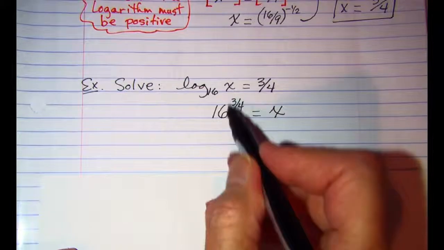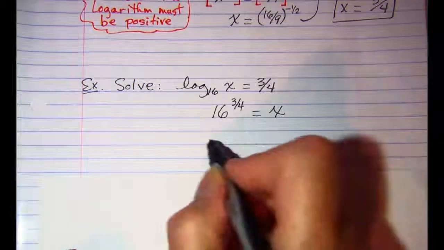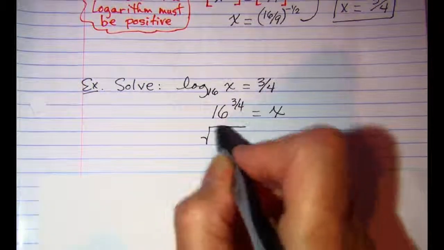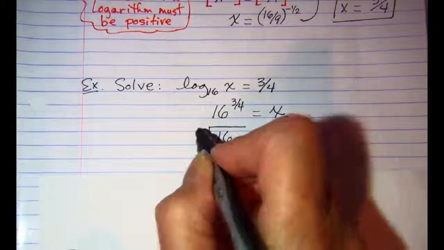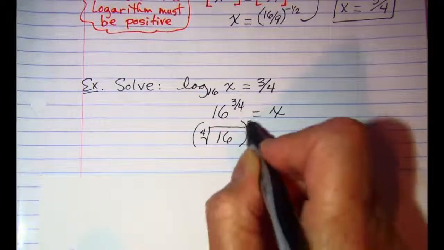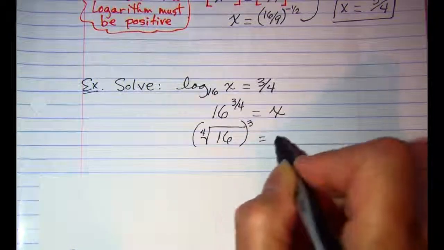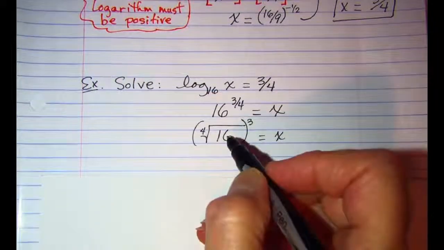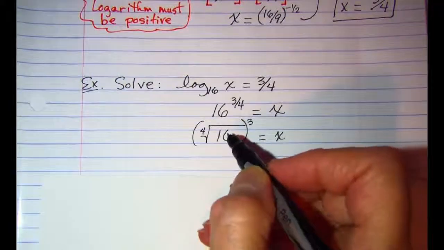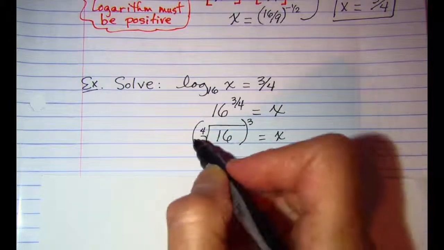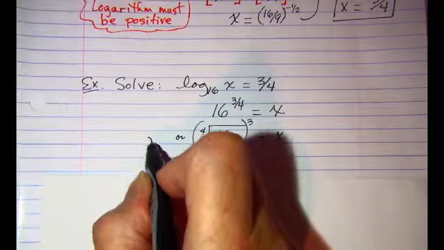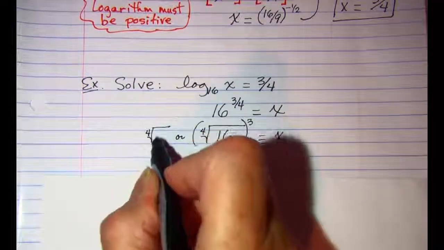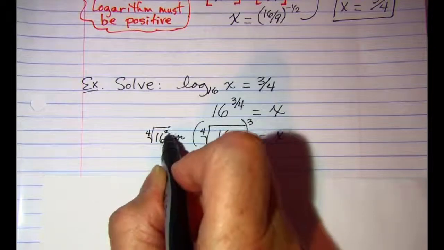Now this fractional exponent is the same as the 4th root of 16 and then cubed. And we could also write this as the fourth root of 16 to the third power.